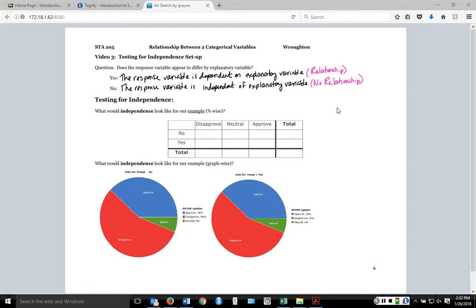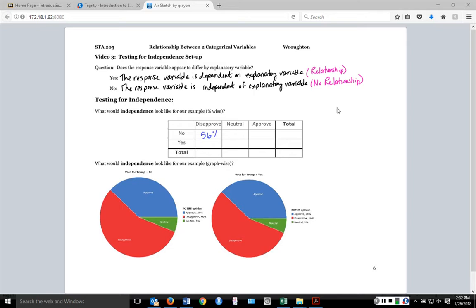So let's just talk a moment for understanding with our data, what would it mean if they were independent? Or basically, your feelings about the president is not related, has no effect based upon if you had voted for him or not. So what our percentages would have looked like would have been the following.